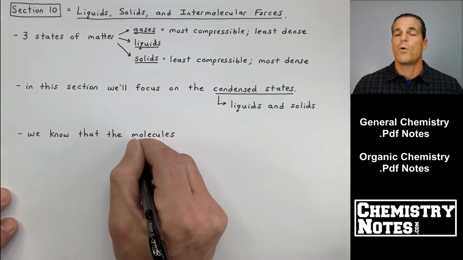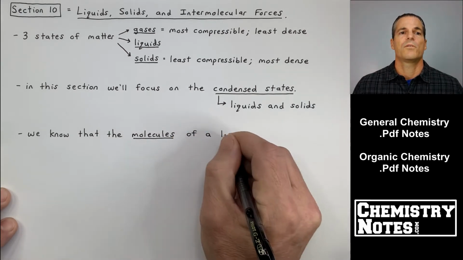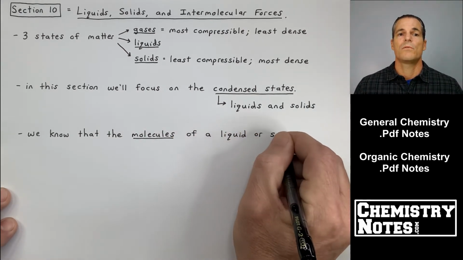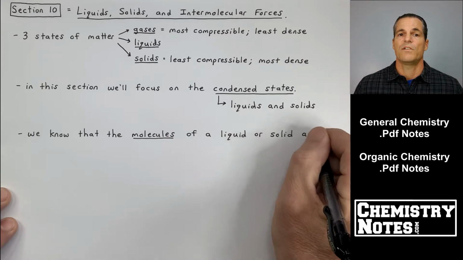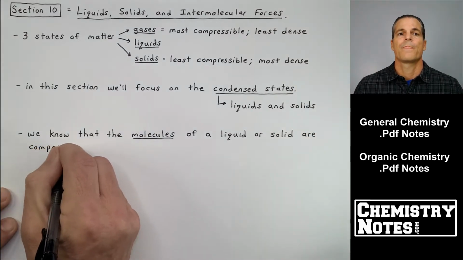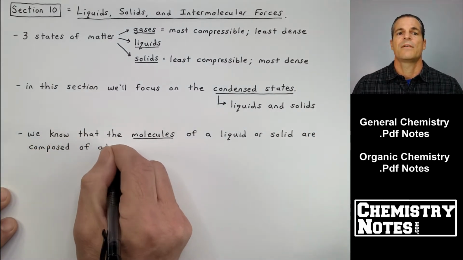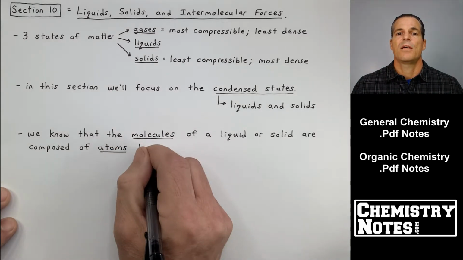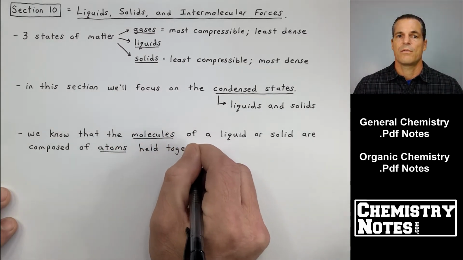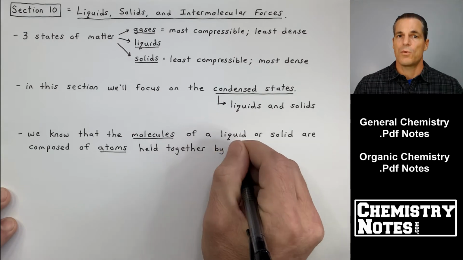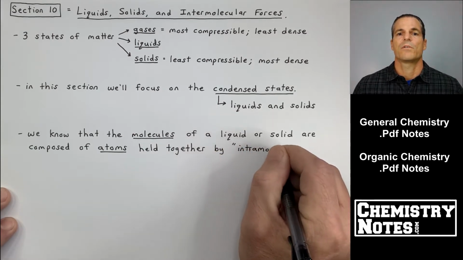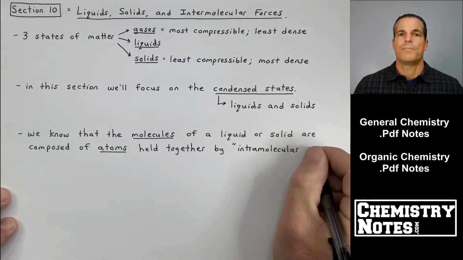So a few more bullet points here. The third one down says we know that the molecules of a liquid or solid are composed of atoms held together by intramolecular forces called bonds.